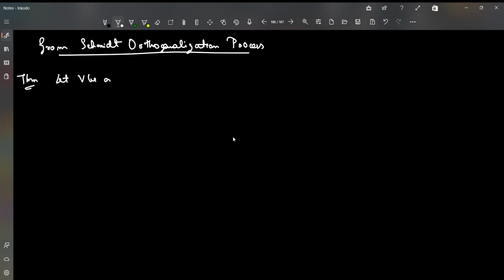Let V be an inner product space, and let beta 1, beta 2, till beta n be linearly independent vectors in V. Clear?